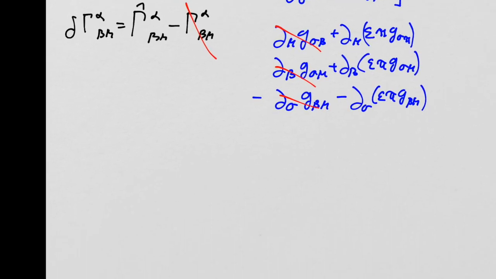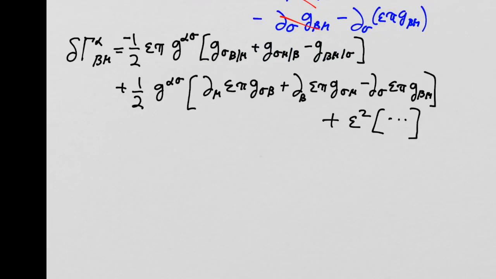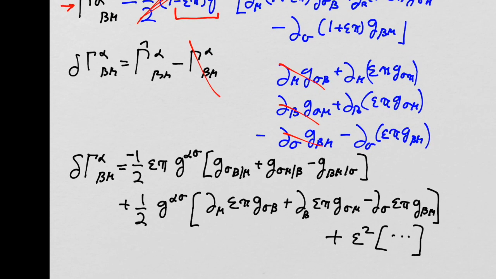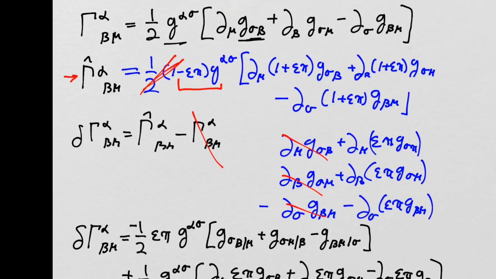So what remains after everything's canceled? Well, let's see. All right, this is what we end up with, right? Which one is the more logical one to do first? If we go back here, we see that we still have this minus epsilon g alpha sigma, right? And it's got to be multiplied by the partial derivative of just the metric part, right? That's this first piece that includes this one when you distribute through this one.